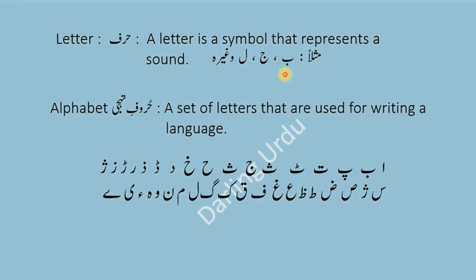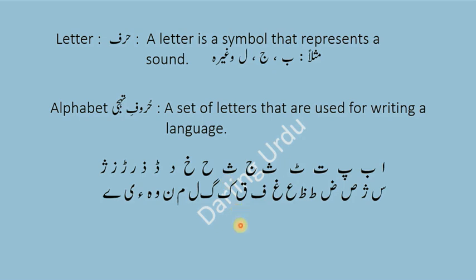Bay is a symbol that is used to represent a sound, and this symbol is called letter. So bay is a letter. Jim is also a letter. It is used to represent J sound. So all these are letters and these are used to represent different types of sounds.